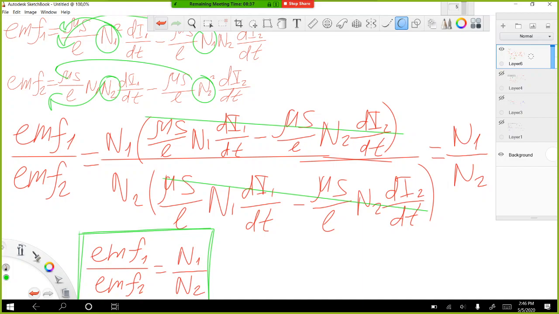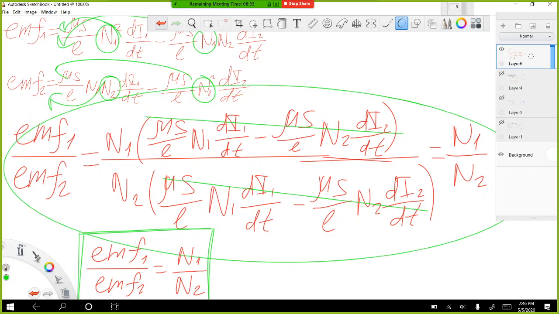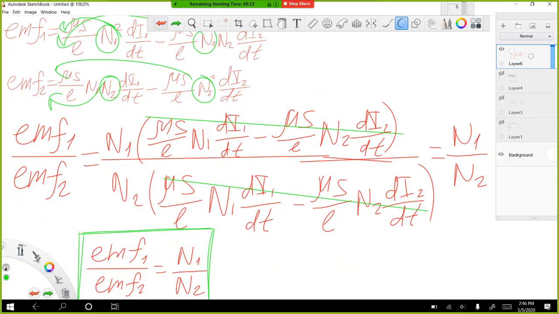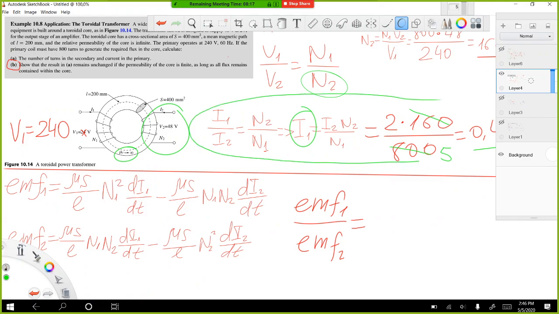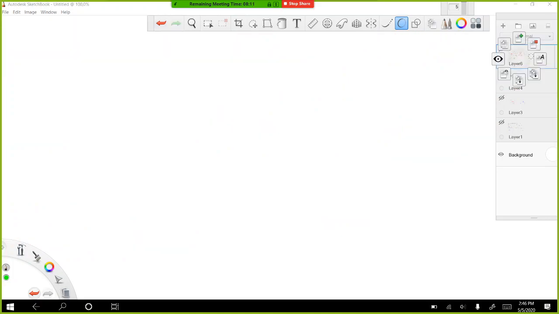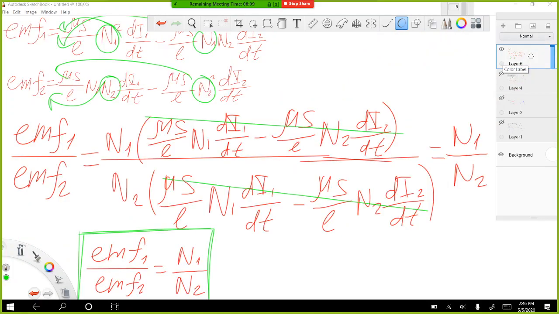Here in these calculations you don't see anything about the frequency of the source, or the dimensions of the core, or any relationship of the dimensions and the parameters of the transformer.